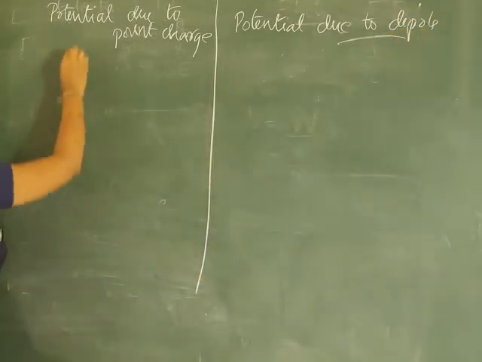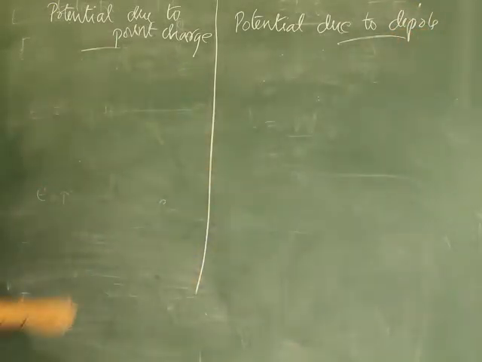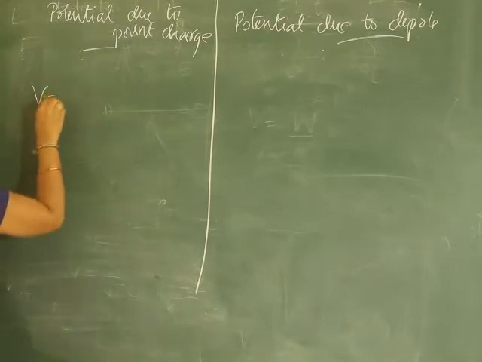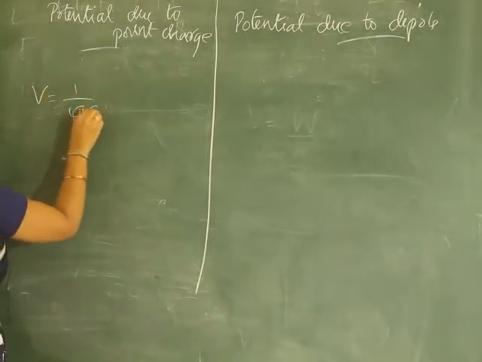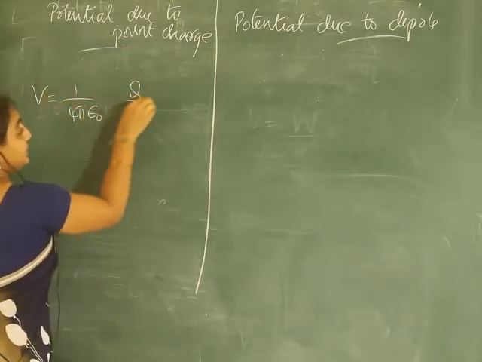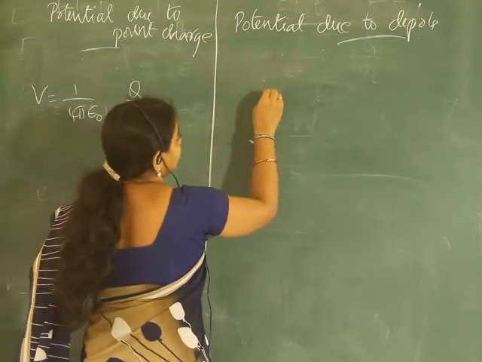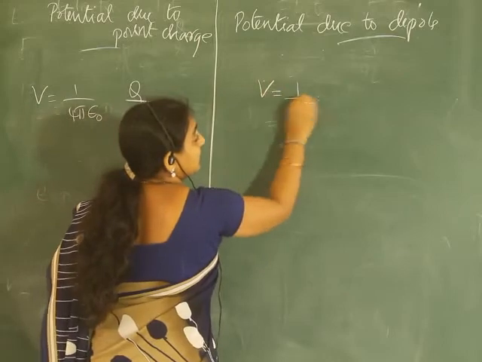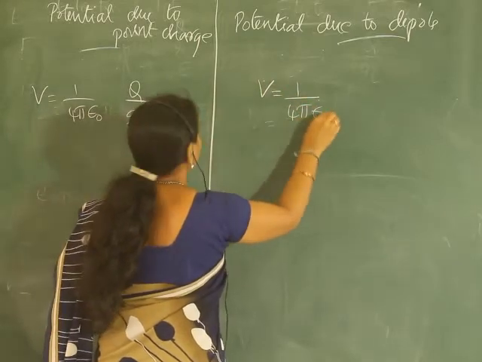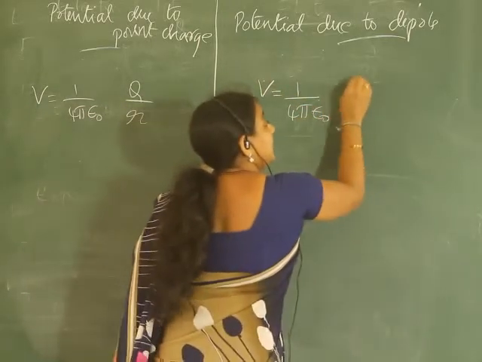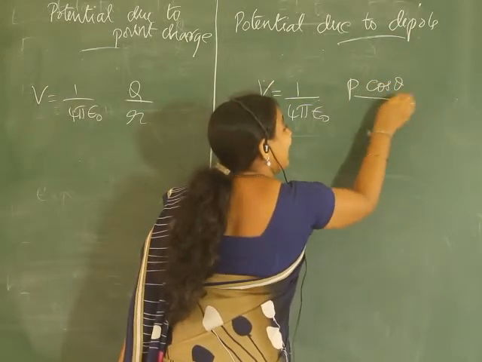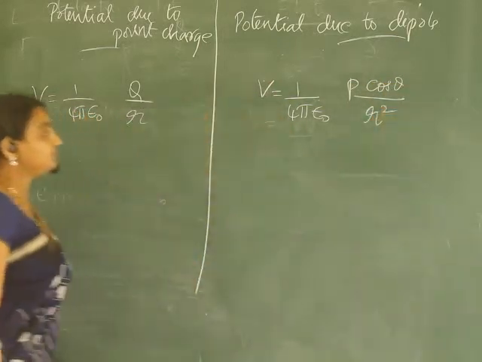The difference. Can you help me with this difference? One is the expression. V is equal to 1 by 4 pi epsilon naught Q by R, whereas the expression for the potential due to a dipole is V is equal to 1 by 4 pi epsilon naught P cos theta by R square.